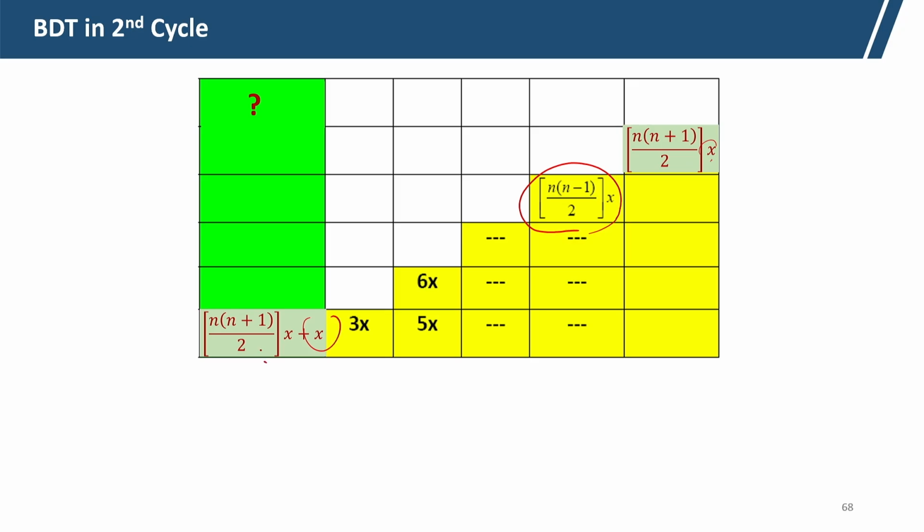It will keep on going, and it will be nx, where n is the number of columns. So it will go on increasing: x, 2x, 3x, 4x. So, here n number of stacks are there.